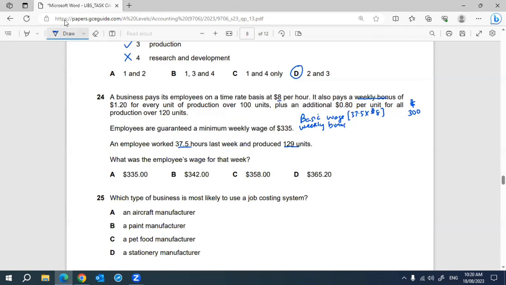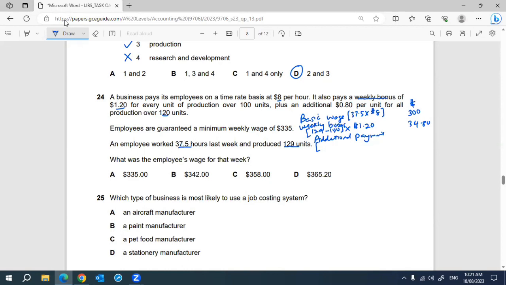So we are more by 29 units. So the calculation here would be the units produced minus 100 times $1.20. And this would give us 34.8. And lastly, we have the additional payment. This additional payment applies for any production above 120 units.